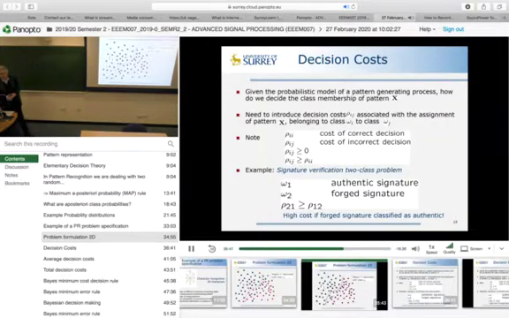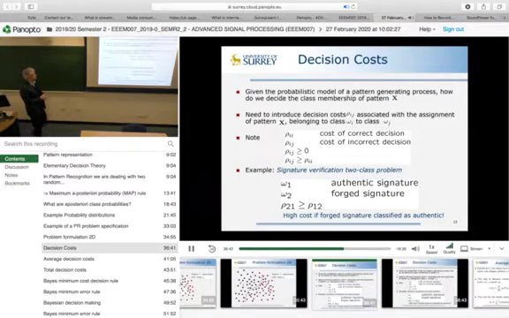And that leads us on to the idea of the cost of making an error. So given that we've got this probability idea that we've introduced earlier, and we'll have some examples in the tutorials and in the assignment, we need to introduce these decision costs.